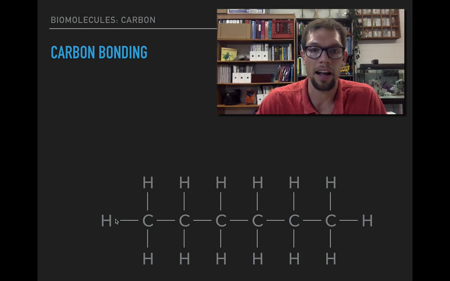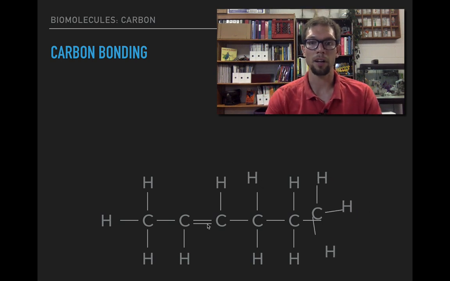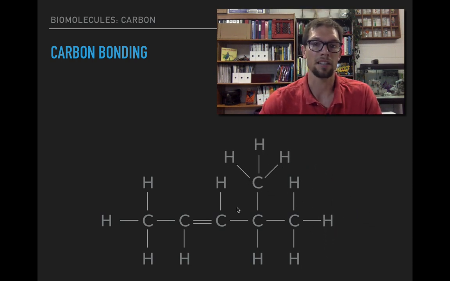For example, you can have just a straight chain of carbons, as you see here. You can actually throw in double bonds here. So you still have 4 bonds going to each of the carbons, but more electrons are shared between some of the carbons than others. You can also have, instead of just a straight chain, branching that is coming off from the carbons.